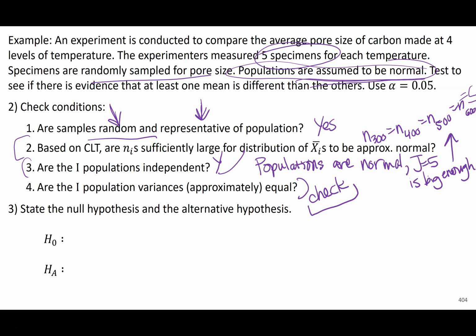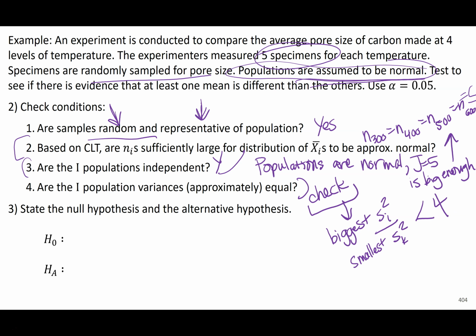We definitely don't want the variability of one group to be a lot more than the others, or one of them to be a lot smaller. So we definitely have a rule of thumb that we use. In general, whatever your biggest sample variance is over your smallest sample variance, as long as it's less than 4, you should be okay.